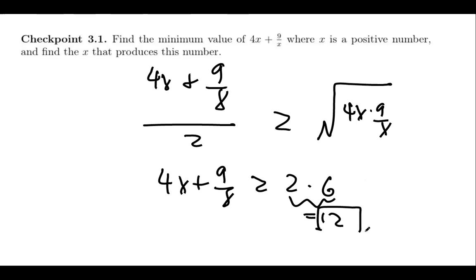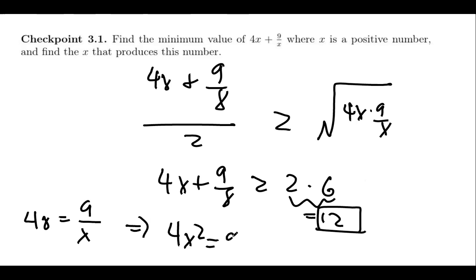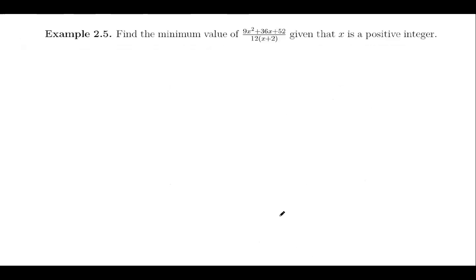So the minimum value is 12. And that value happens when they are equal. So when 4x is equal to 9 over x, and that occurs if 4x squared equals 9, or x equals 3 over 2.